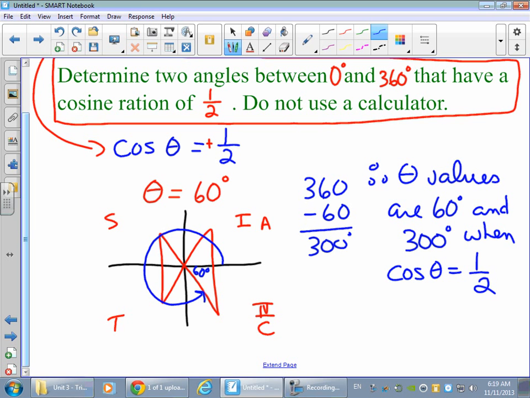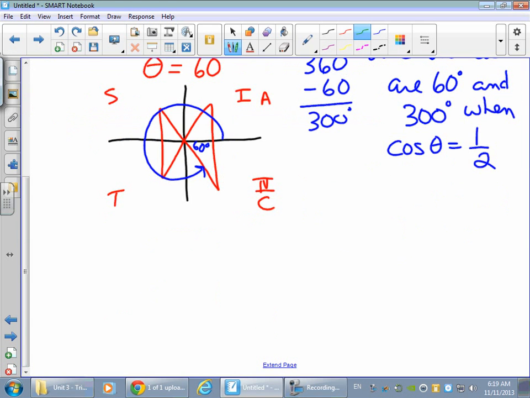Now, if the question had been slightly different, I'll make note of this. If the question had been something like cosine theta is 1/4, that's not one of the ratios I know.